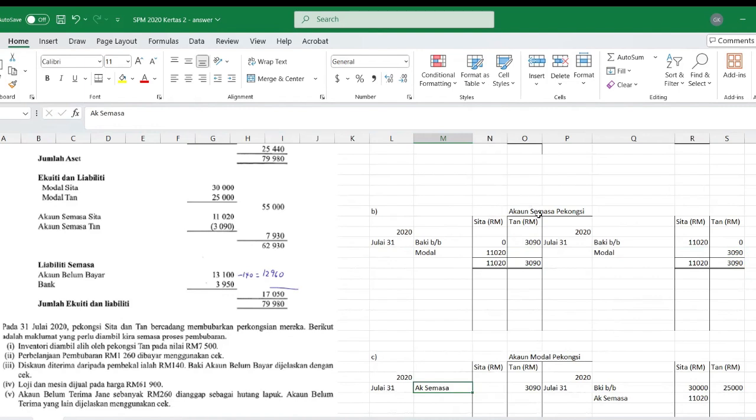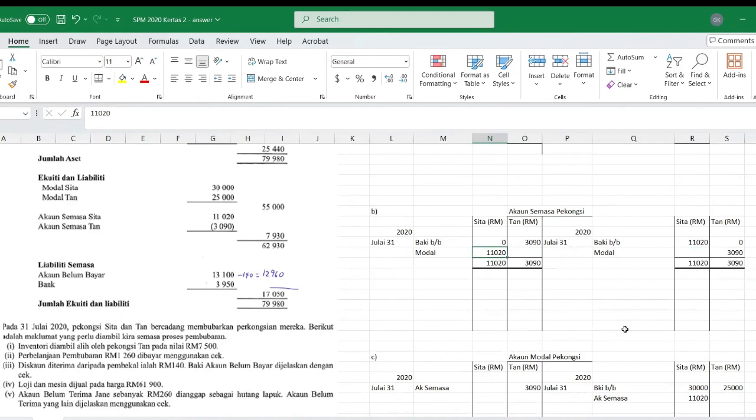We close off account semasa Perkongsi because this Perkongsian will be dissolved, bubarkan. It will no longer exist. So everything in account semasa is transferred to account modal. Same for SITA. SITA has account semasa on a baki bawah credit side. So we close off account semasa SITA by debiting account semasa to credit.